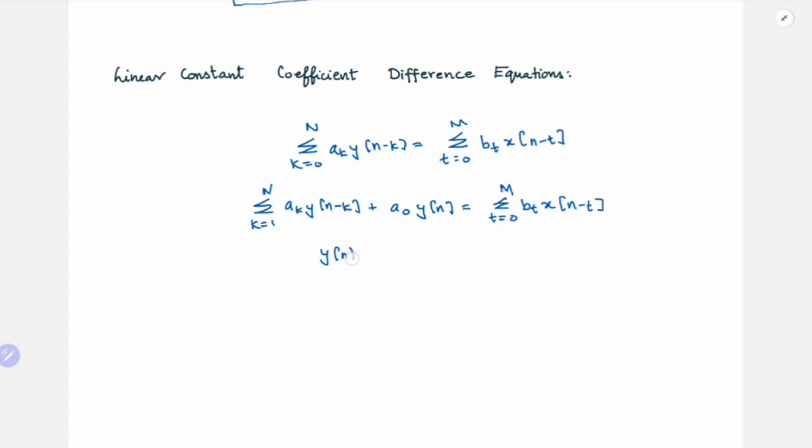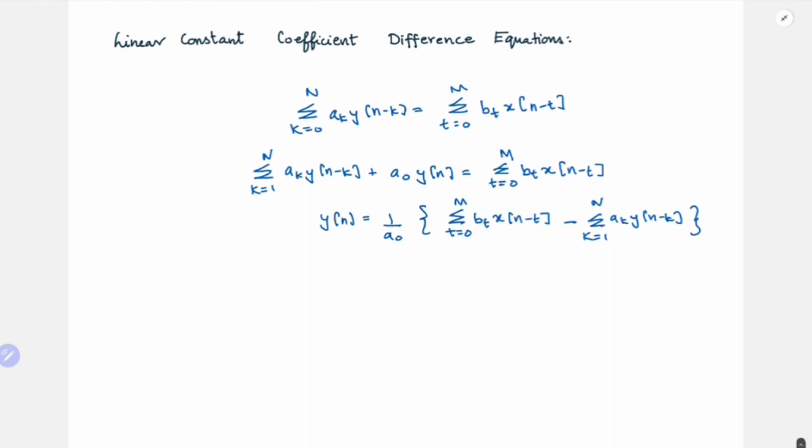So you can write y of n is equal to 1 by a naught into summation t equal to 0 to m b t x of n minus t minus summation k equal to 1 to n a k y of n minus k. So you have to find y of n recursively from this equation. Again, to solve this, you need to have some initial conditions. Otherwise, you don't know where this y of n is starting from. Right? If it starts from infinity, you can't get the value. So you need to have some initial conditions.